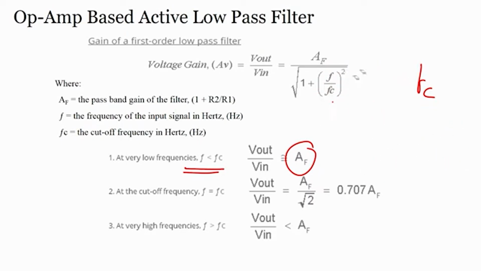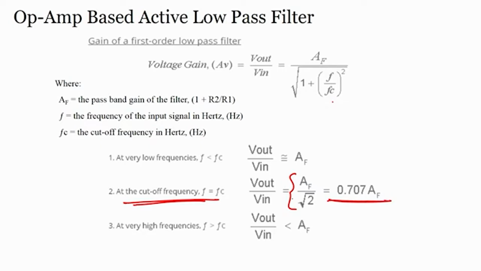If we go for the second one, which is the cutoff frequency, at the cutoff frequency F equals Fc, we find V out upon V in equals AF by the square root of 2, which will give you this particular value. At very high frequency, when F is greater than Fc, in that case we will find V out by V in is less than AF.